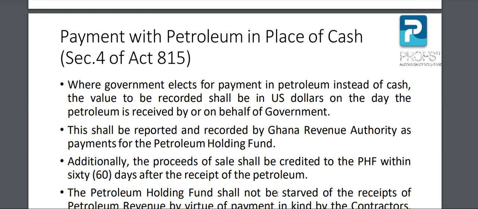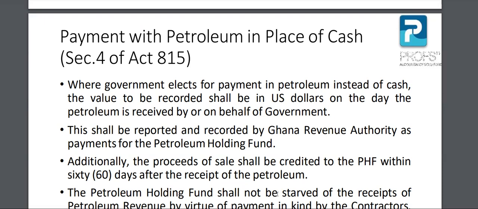So there could be a sale within 60 days after the receipt of the petroleum. When there is a sale, then it would go into the petroleum fund. That is the cash that has been received. So although GRA would record it, the cash is not in the PHF until it is sold.